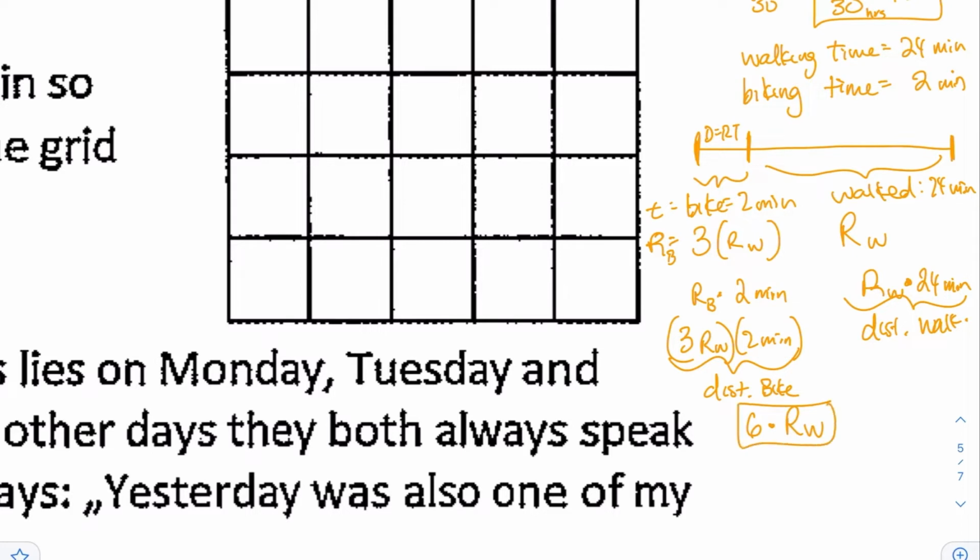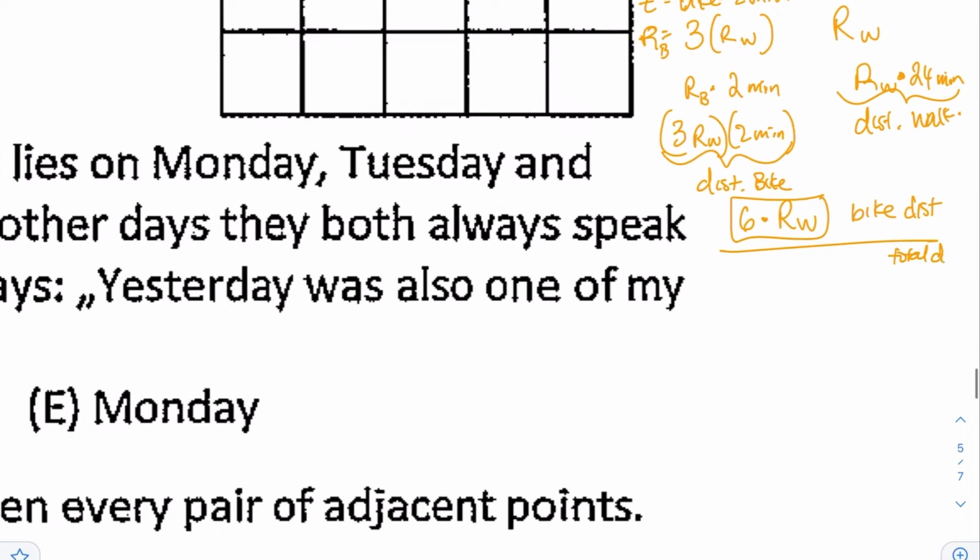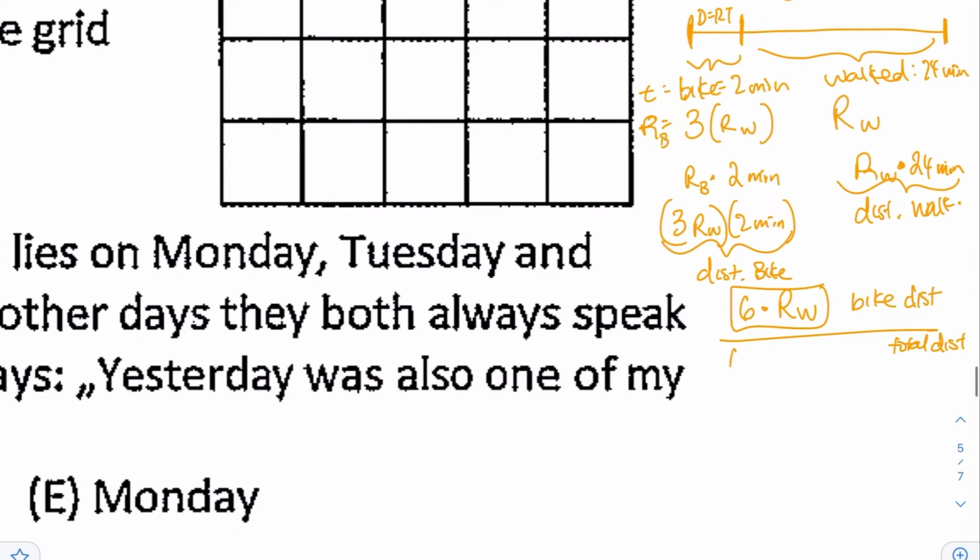So this is the biking distance divided by the total distance, which would be the biking distance, 6 times RW, plus 24 times RW. So this is the whole. And notice you can factor out RW from the numerator and the denominator.